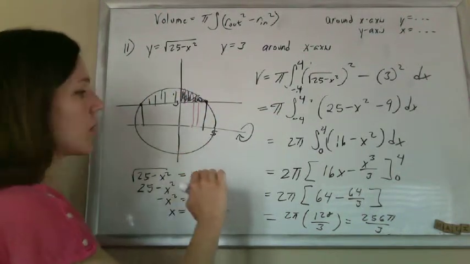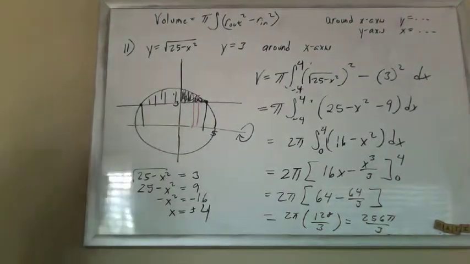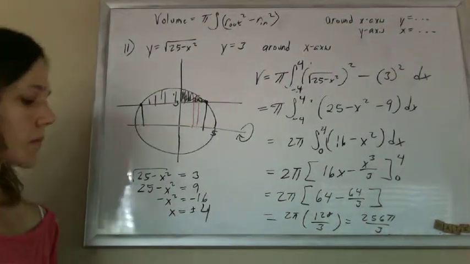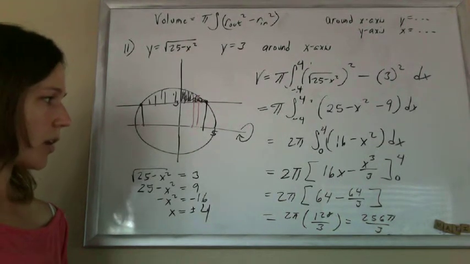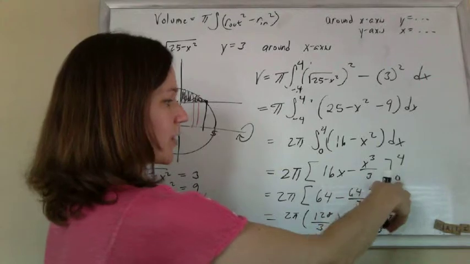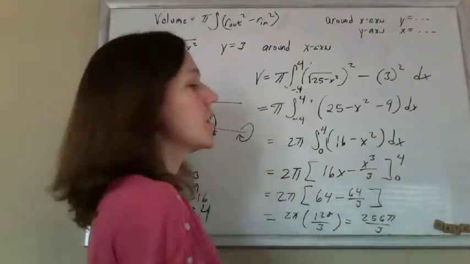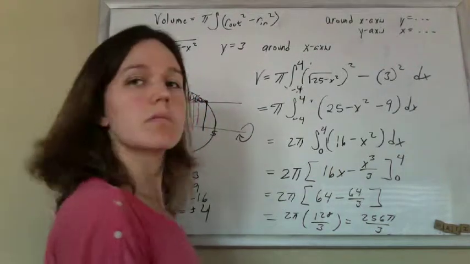So 0 to 4 doubled. How would it be different or more difficult to do it from -4 to 4? Then you just wouldn't have the 2 there. And instead of getting a lovely 0 when you plug in the bottom, you would have gotten a -4, and you would have had more numbers. Okay, I see. Makes sense.